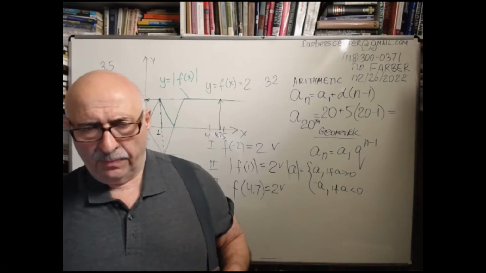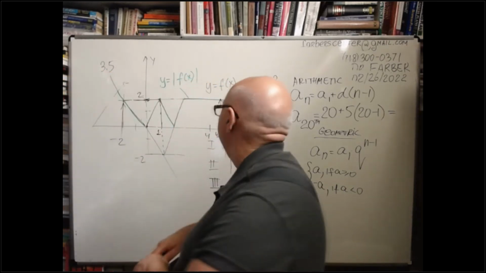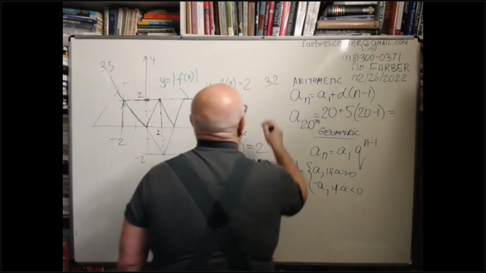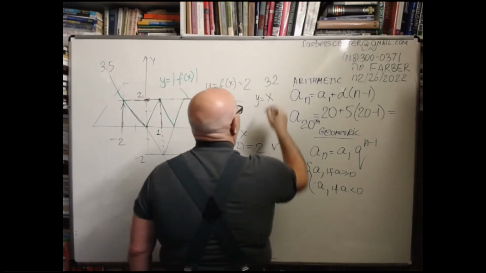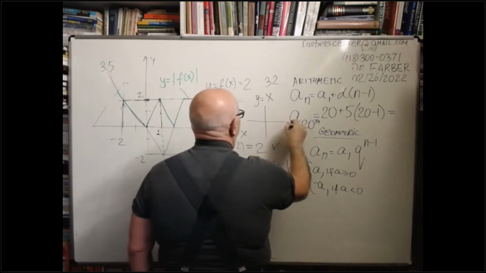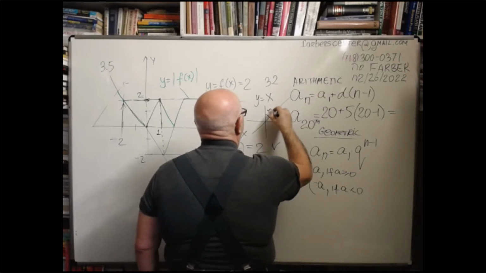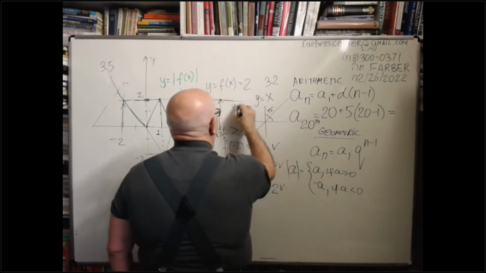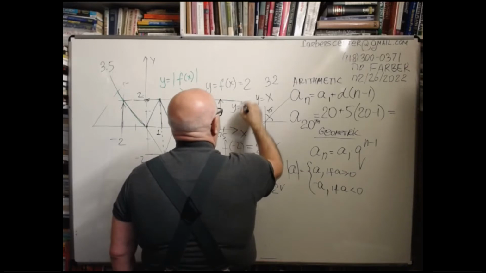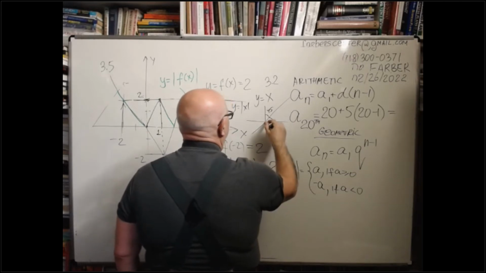Okay. Who has questions? I'll give you an example so you never forget. For instance, y equals x. Pretend you're in 5th grade. Y equals x goes like this, right? And this is 45 degrees. But if I write the function like this, absolute value of x, based on the same idea, when it's negative, it becomes positive.